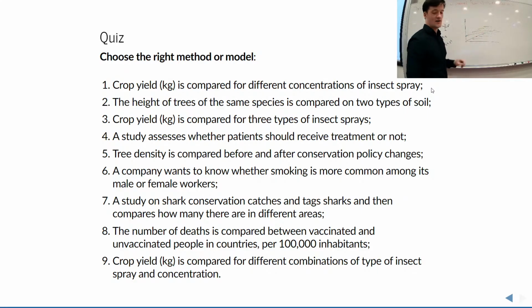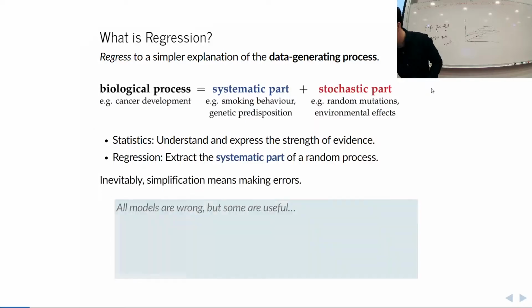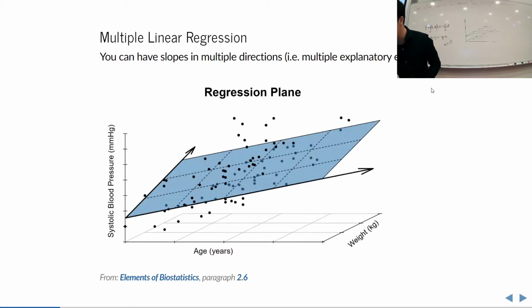Here we go. In this case, for the systolic blood pressure, imagine you were age 0 and weight 0. You know, all models are wrong, so that doesn't actually make much sense, but imagine you were. Then this model says your systolic blood pressure would be here.